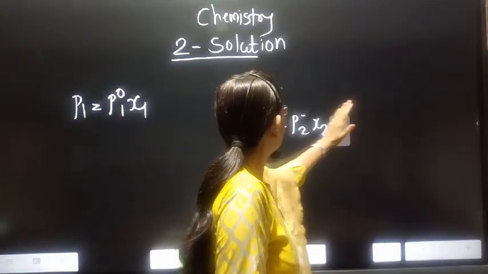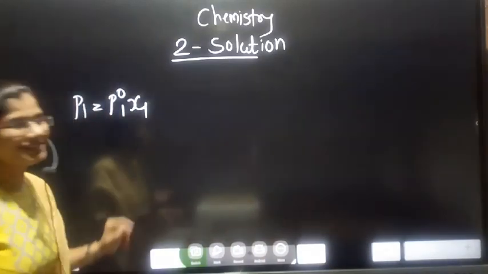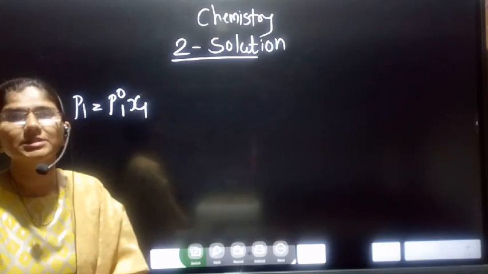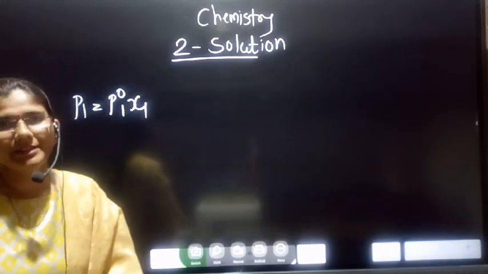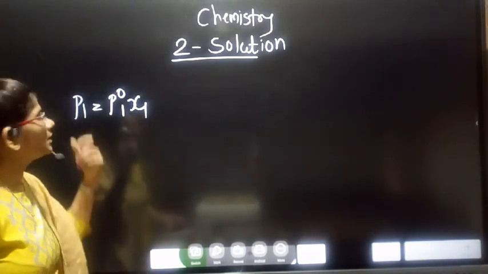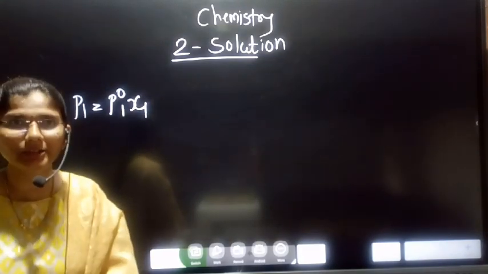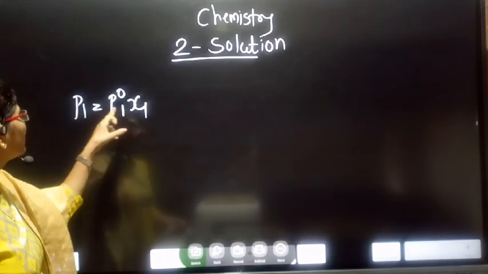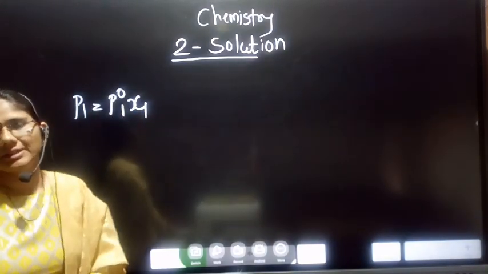Therefore we have to show that the lowering of vapor pressure is a colligative property. So we start with Raoult's law for a non-volatile solute, P1 equal to P01 X1.